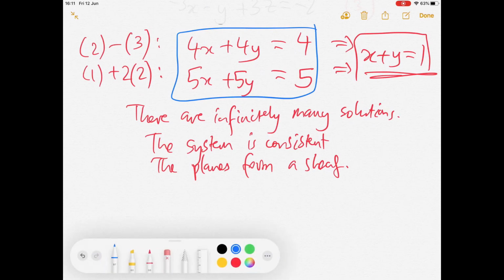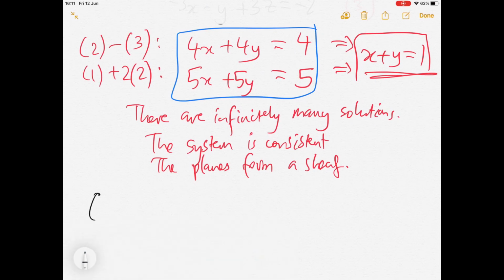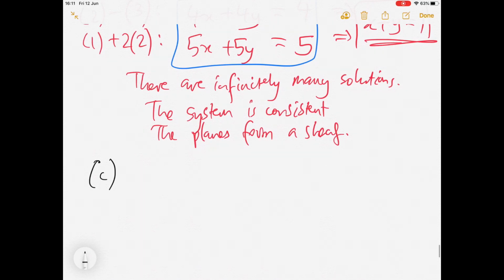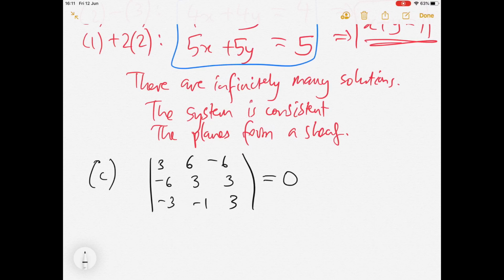Okay, and then lastly, the case where k is minus 6, so this is part C. In this case, let's first work out the determinant again. So we now have the determinant of 3, 6, minus 6, minus 6, 3, 3, minus 3, minus 1, 3. Your calculator can find this, it'll find it's 0. So we're not in case 1.